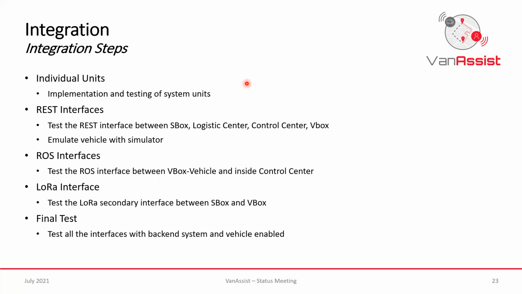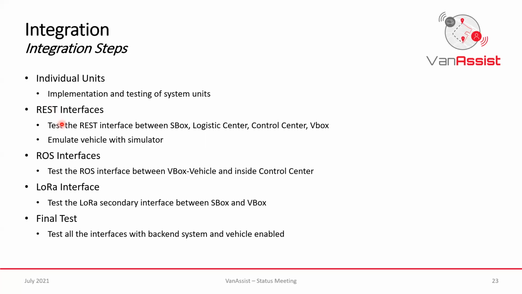So in order to integrate the whole communication system, we have gone through several steps. The first step was implementing and testing the individual units, which are the COM boxes, control center, and logistics center. Then come the REST interfaces.